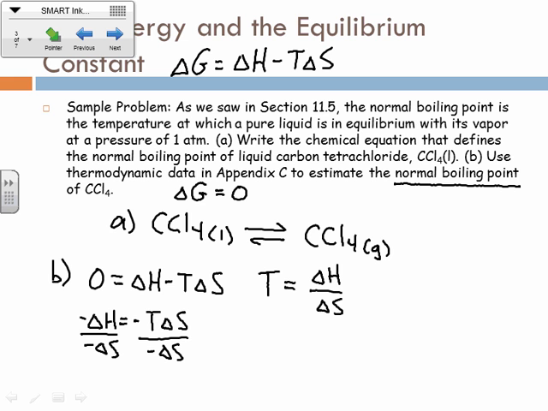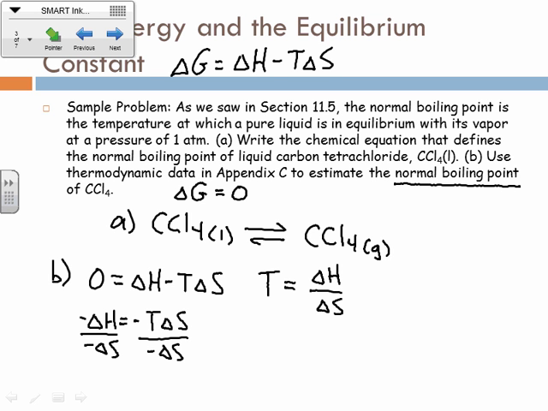Well, how do I know what my delta H and my delta S are here? This is one of those where you're going to look in the back of the book and find the data for this. On this one, I'm going to cheat a little bit and look at my numbers here in the front of the book.